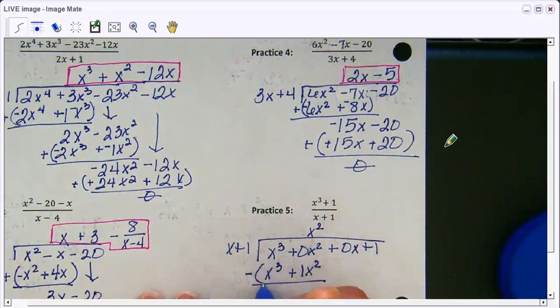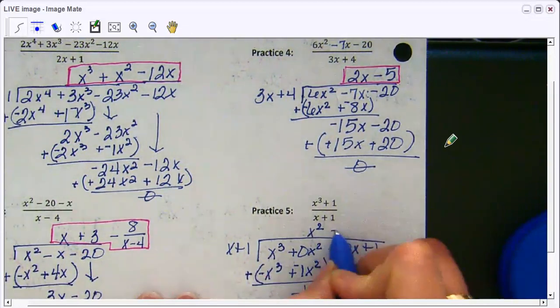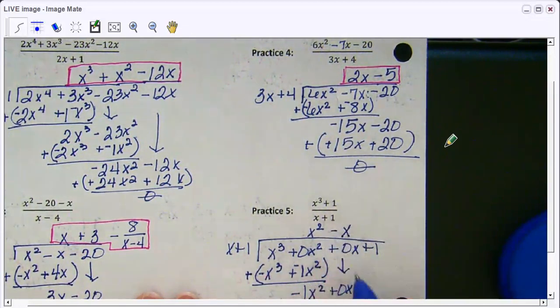And then we have to subtract. And then you get negative 1x squared when you subtract, and then you bring down your 0x.